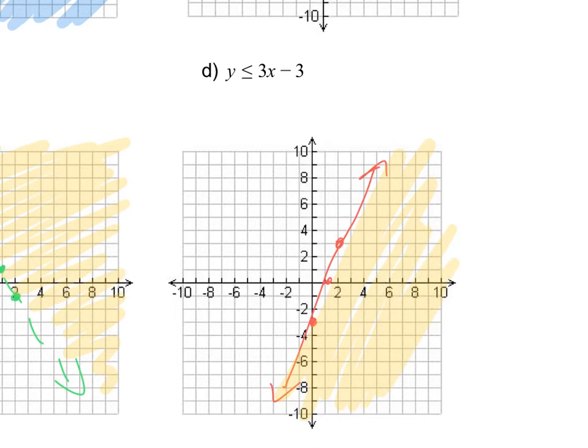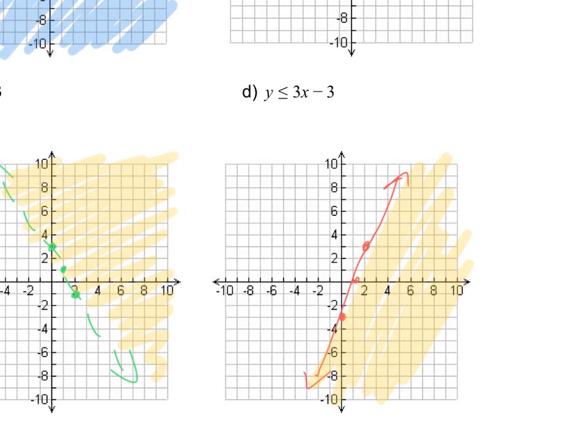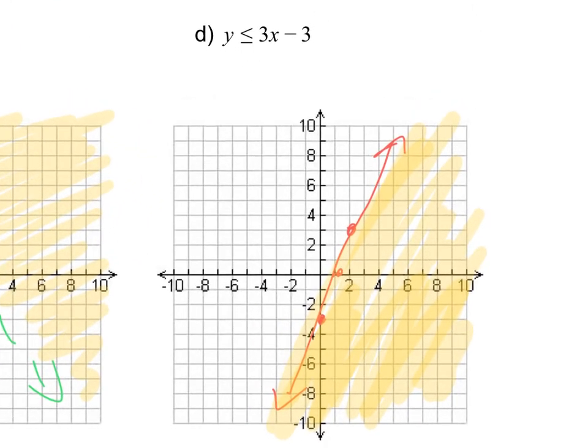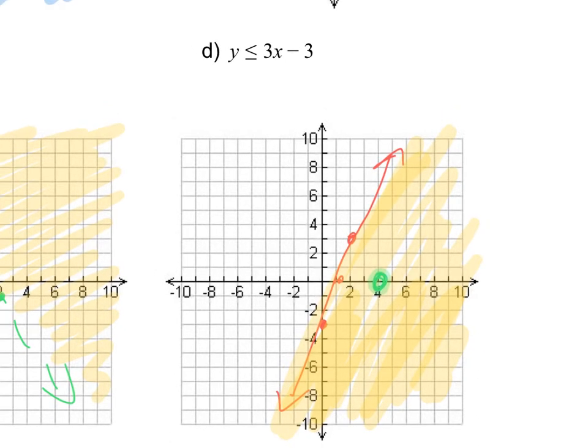On this one, the point 0, 0 doesn't work. So in case you wanted to, let's pick a different point. How about, I don't know, let's say 4, 0. Let's pick this point right here, 4, 0. If we plug it in, it should work.